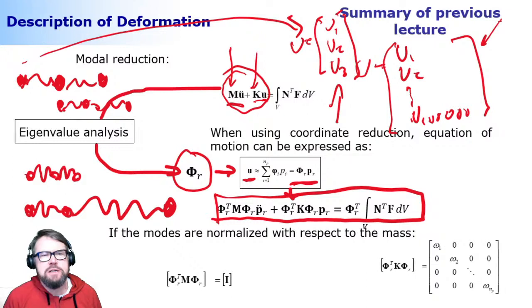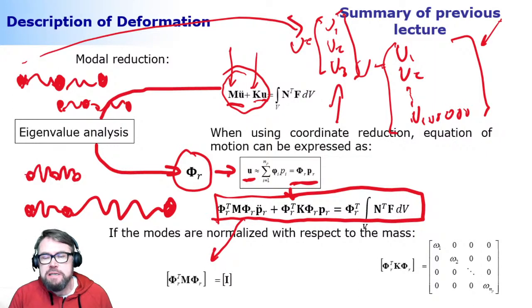So anyway, we can reduce the number of unknowns. And while we're reducing the number of unknowns, we can get another very handy mathematical feature. Another handy feature is that if these modes are orthogonal, which they will be if I use an eigenvalue analysis, then there's no relation between modal degrees of freedom. So they are all independent.